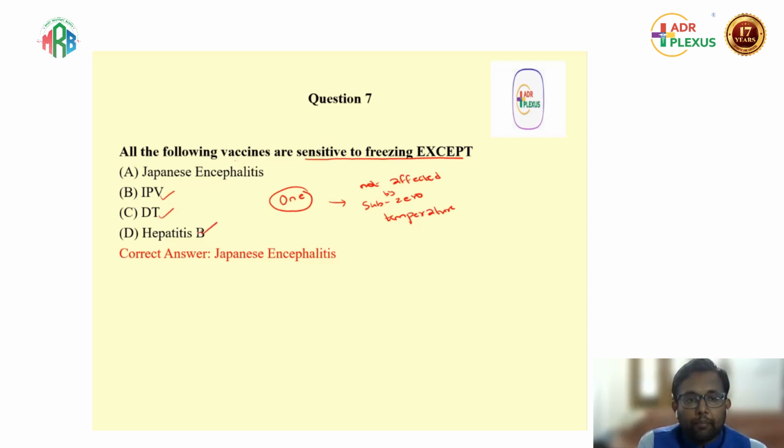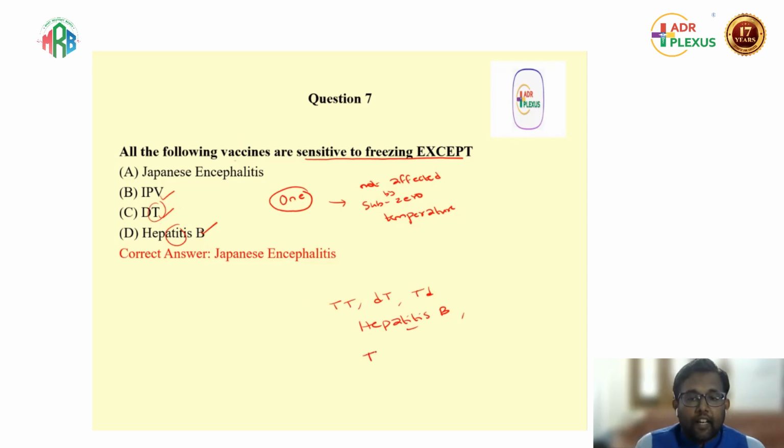DT, hepatitis B. All the vaccines, especially with the letter T, you can remember T: PT, DT, TD. So anything with T, mostly hepatitis B. So these vaccines will be affected by freezing.